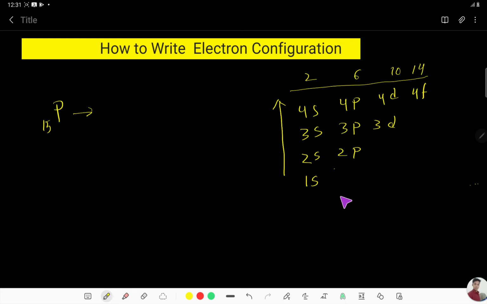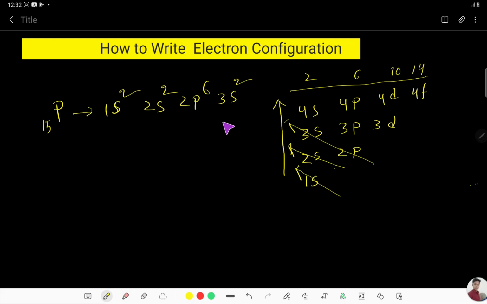We write 1s, and the s subshell can take a maximum of 2, then 2s, 2, then 2p6, that is 6, 8, 10, then 3s, 2, 12, right?